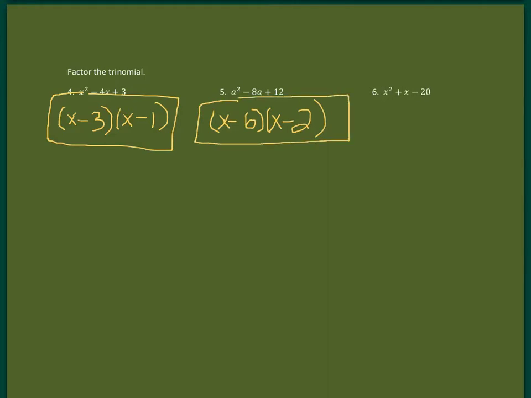Now this time, they have to multiply to negative 20 and add to positive 1. Well, 20 and 1 would be 19. 10 and 2 would be 8. How about 5 and 4? Okay.